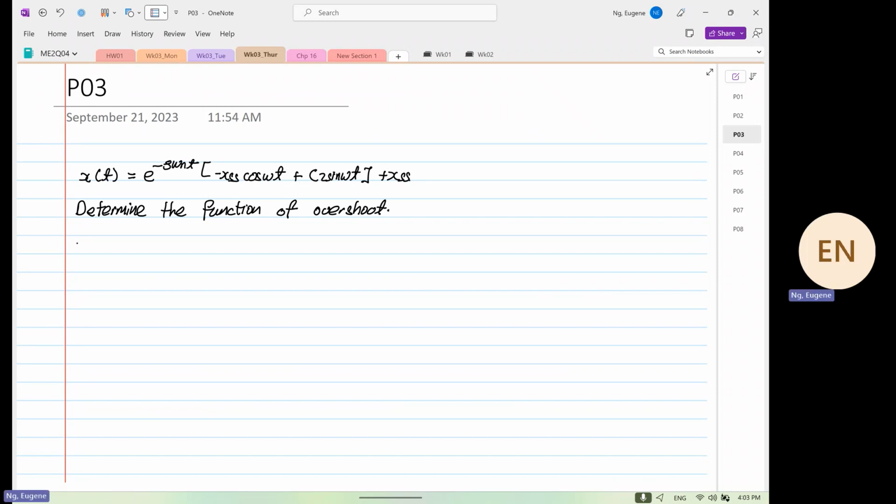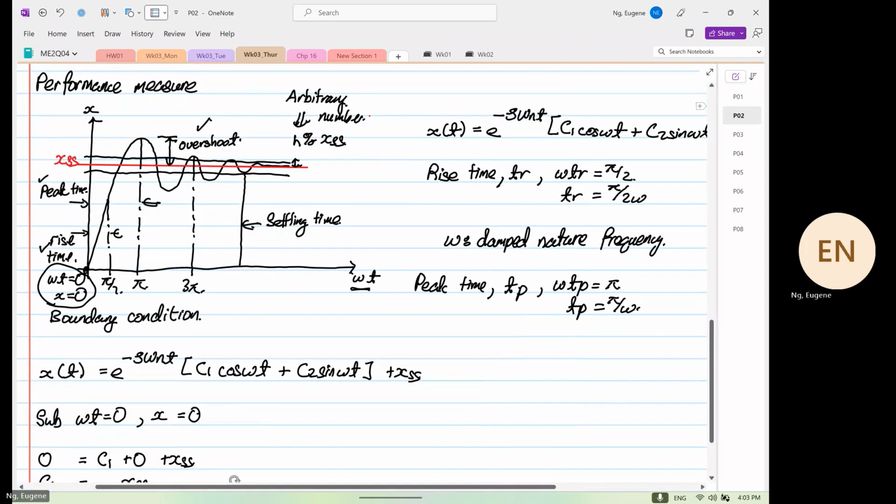So we know that overshoot occurs when omega t is equal to what? Pi. Yes or no? Right? From where? Anyone? From here. You see this?